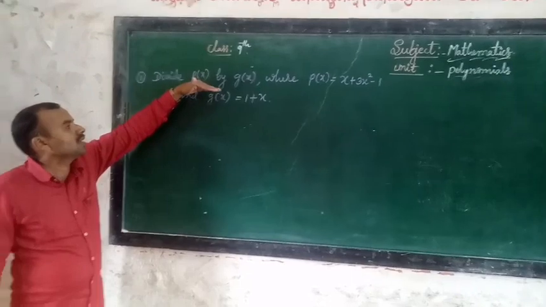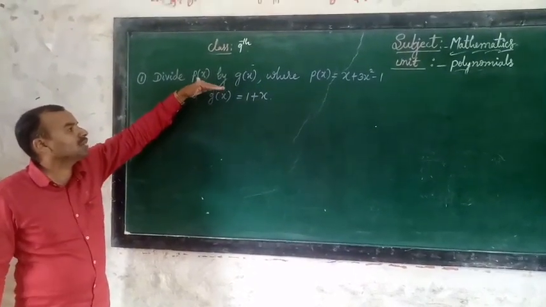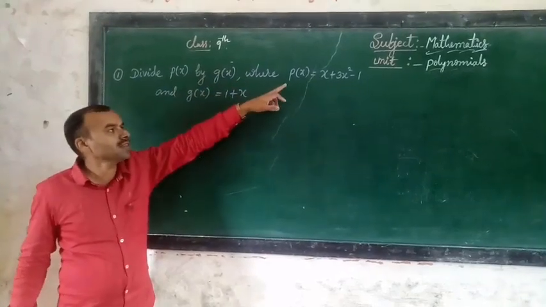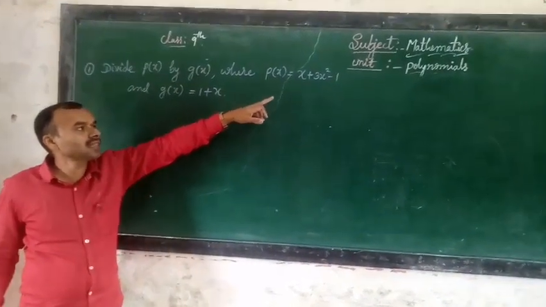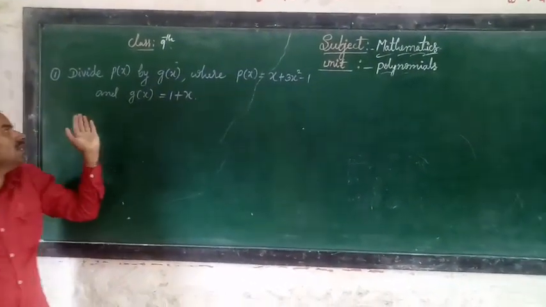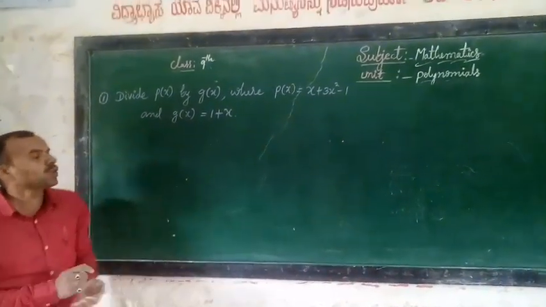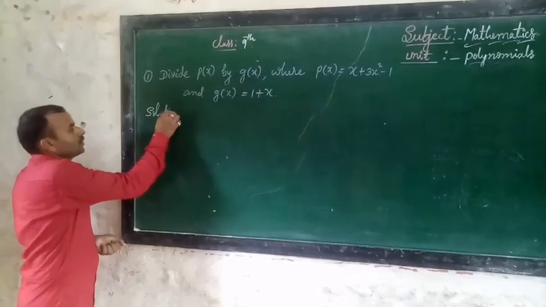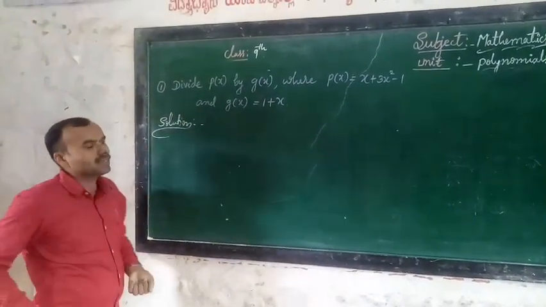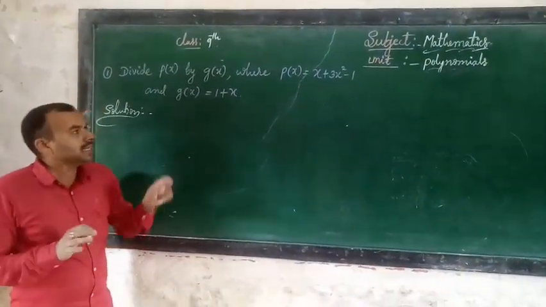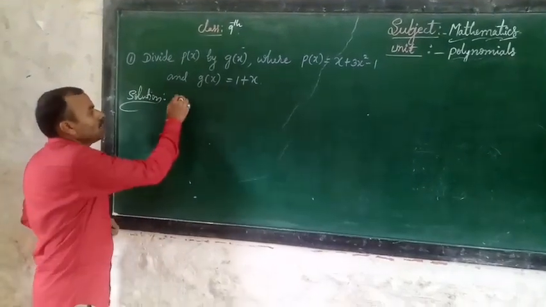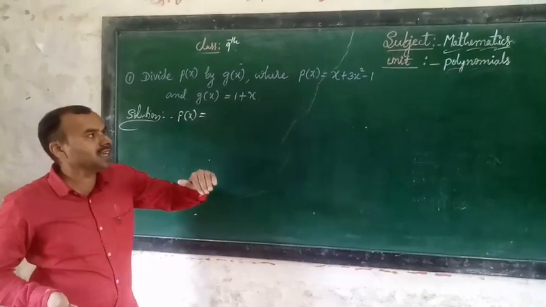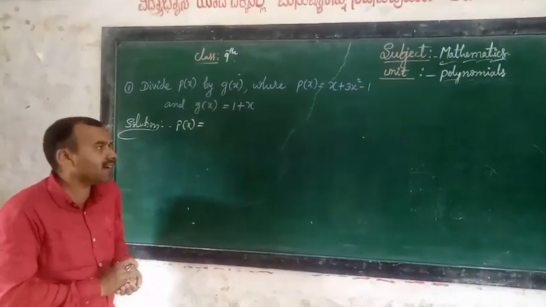Similarly, we simplify using the same method, where p of x equals x plus 3x square minus 1 and g of x equals 1 plus x. Solution. In this problem, first we have to rearrange the terms in ascending or descending order.